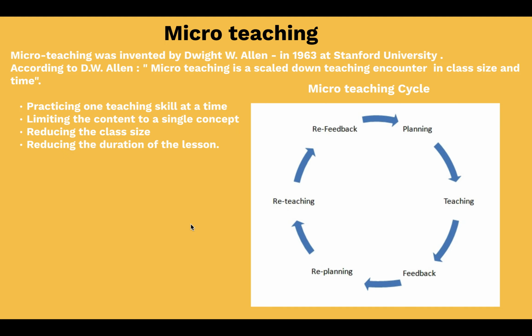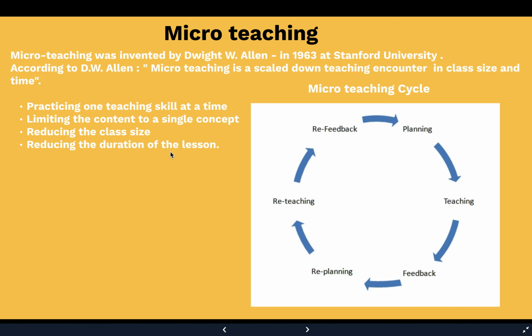We have lots of different components, different skills that are connected with each other, and all these skills need to be trained well. So micro teaching, developed in 1963, focuses on developing skills one by one.